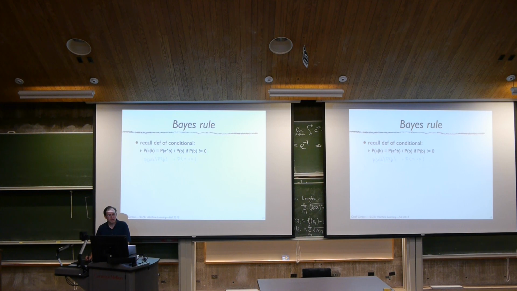Now, I can also swap the roles of A and B, so I can write this as the probability of B given A times P of A. And now let's just divide through by P of B. So we get P of A given B is equal to P of B given A times P of A over P of B. Again, now P of B has to be not equal to 0.